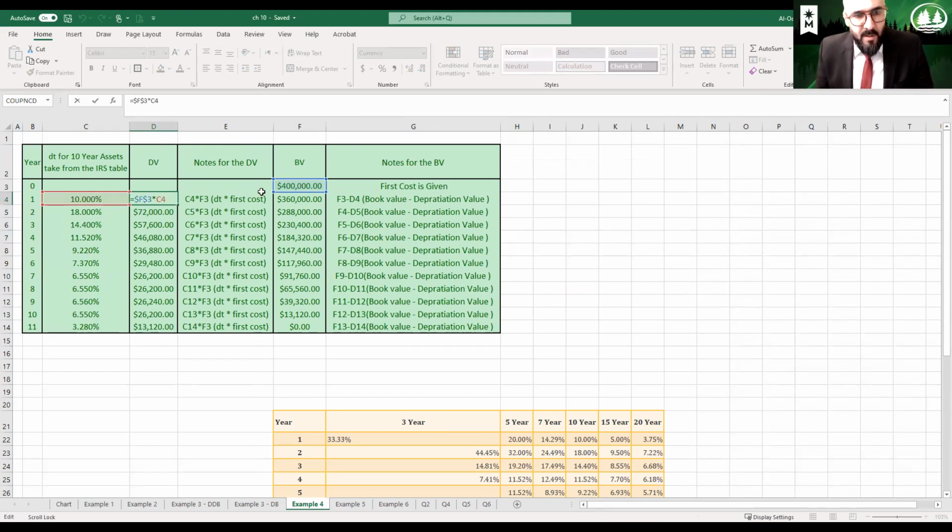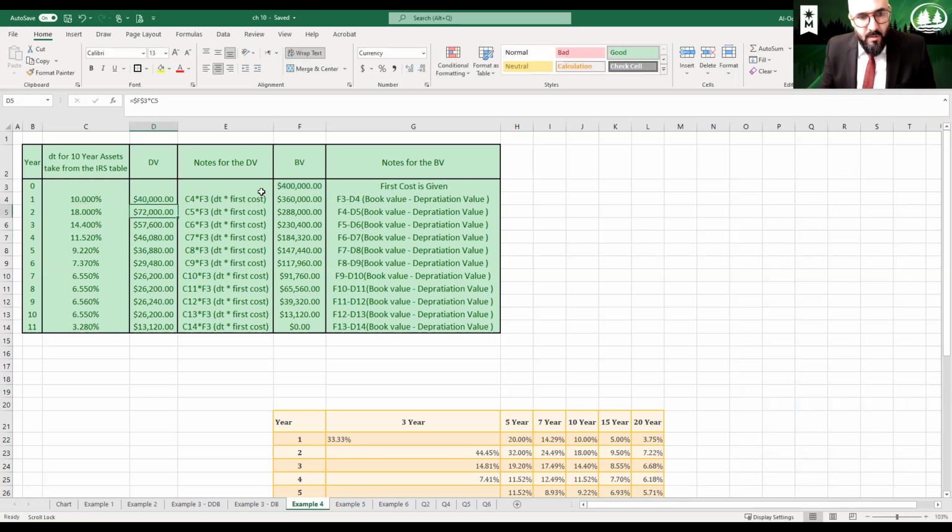For the first year, we multiply the 400,000 times the 10%, and that gives you a 40,000 depreciation value by the end of year 1. To calculate the book value by the end of year 1, you subtract 40,000 from 400,000, and that gives you 360,000.